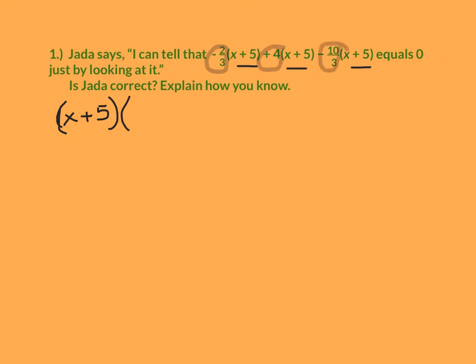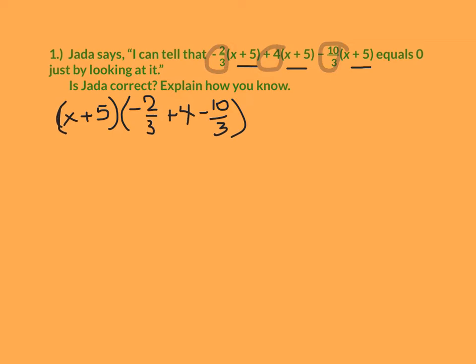I know it definitely looks different than what we've been looking at, but you can see how these three terms share the x plus 5, and then we just pull out everything that's left, and what we're left with is negative 2/3 plus 4 minus 10/3.